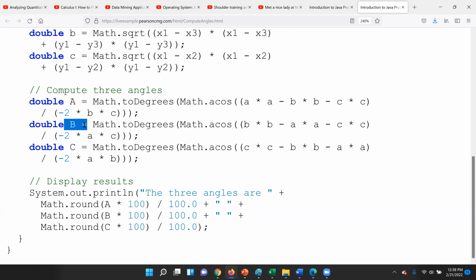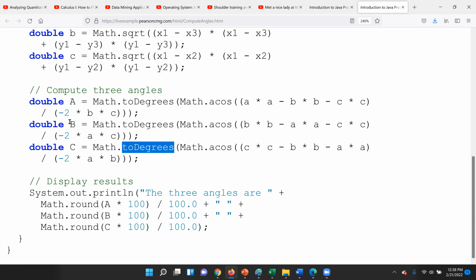Then to find the angle B, the same thing, we convert our answer to degrees: Math.acos of B squared minus A squared minus C squared divided by minus 2AC. And angle C also the same thing. We convert our answer to degrees, and the formula is arc cos of C squared minus B squared minus A squared divided by minus 2AB.